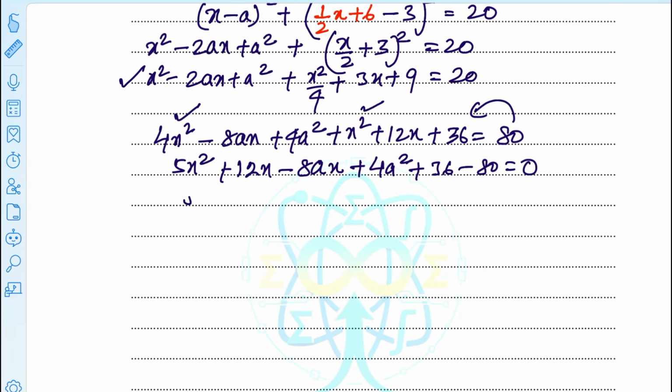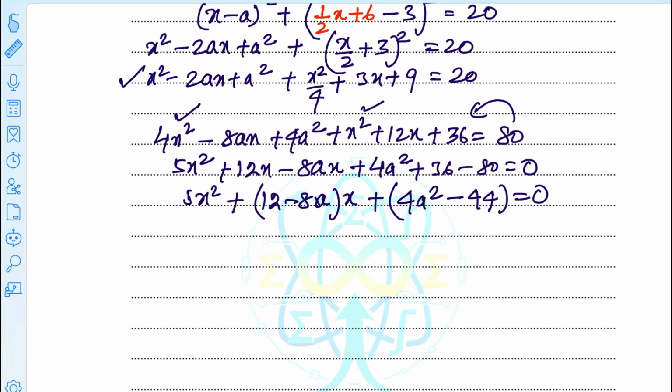So one more step. I'm writing 5x squared plus, if I take x common, 12 minus 8a, this is x, and plus 4a squared minus 44, that equals 0.